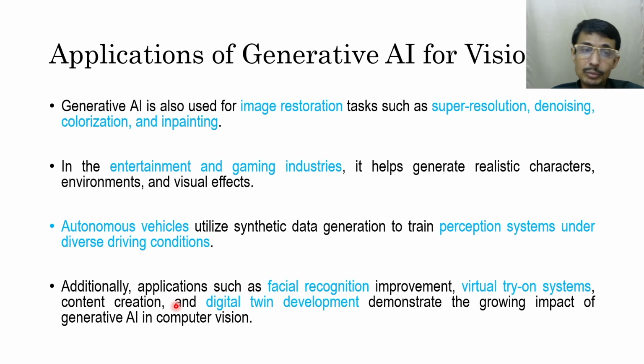Next coming the autonomous vehicles, where synthetic data generation is required to train a perception system under diverse driving conditions. When there is a robotic agent like an autonomous vehicle, these vehicles should be trained with a huge amount of practical data, and collecting this data is always a very costly affair.